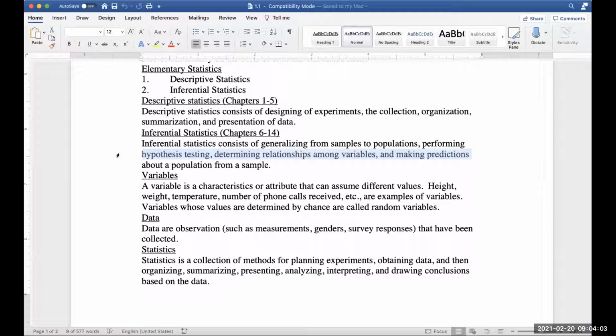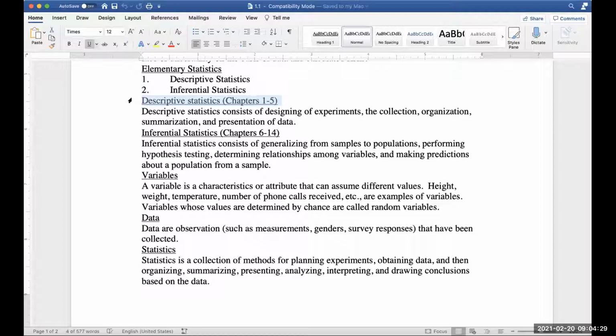The techniques that we'll be using for inferential statistics are really the same techniques that we use in descriptive statistics. So in order for us to actually do what we want to do, the inferential statistics, we need to first cover and really know how to do descriptive statistics.